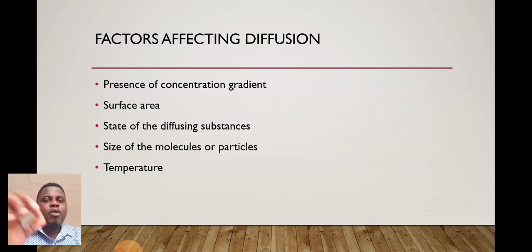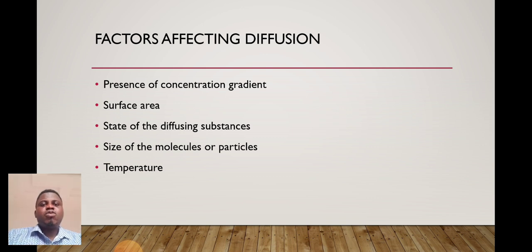We have the state of diffusing substances. If you remember, we have three states of matter: solid, liquid, and gas. Normally, gases will diffuse faster than liquids. Then we also have the size of molecules or particles.